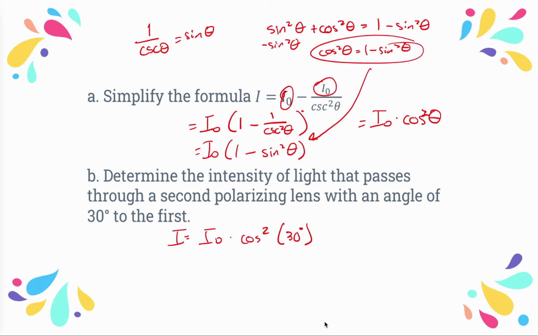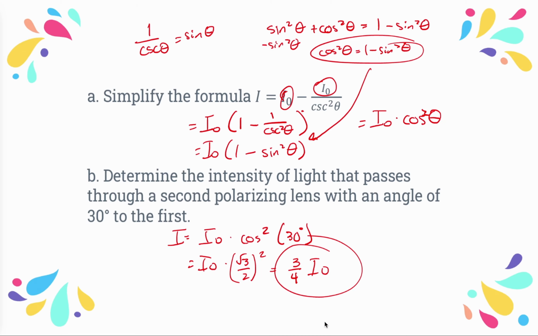And cosine of 30 degrees is root 3 over 2, and we square that, and that's going to be 3/4. So the light that passes through the second polarizing lens at an angle of 30 degrees to the first is 3/4 of the original.